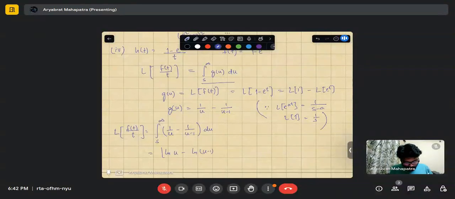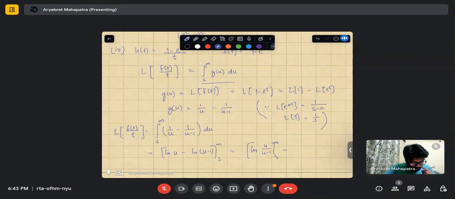After the integration, you have to evaluate it within its limits, that is ln u minus 1, from s to infinity.